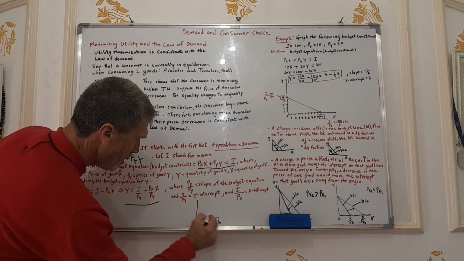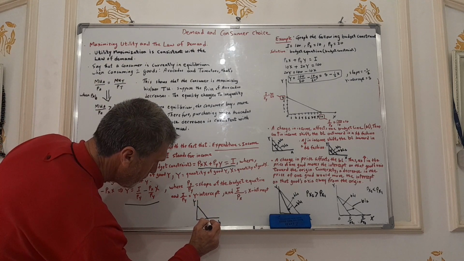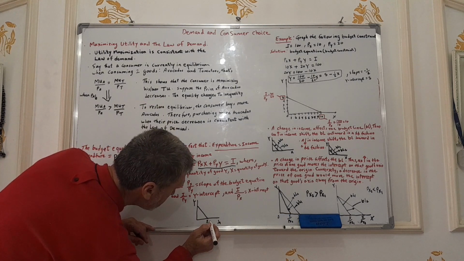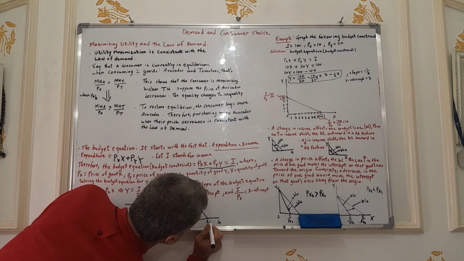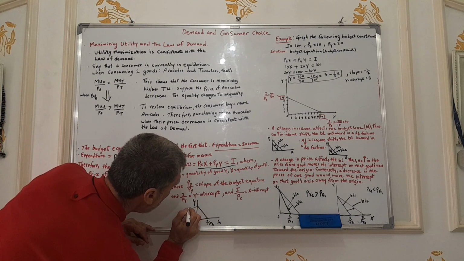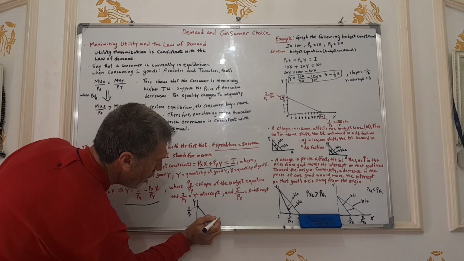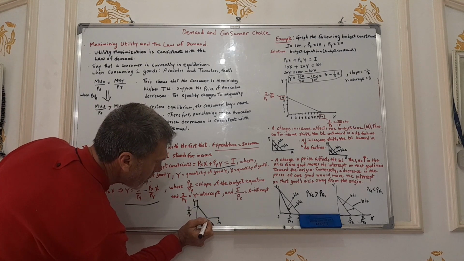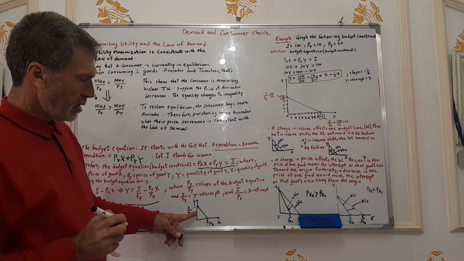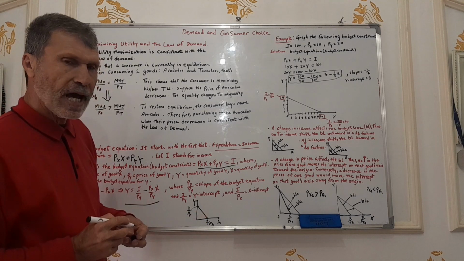This is X, this is Y, and here is I over PX, and here I over PY. This is the Y-intercept, and this is the X-intercept. As you can see, the budget line is downward sloping.